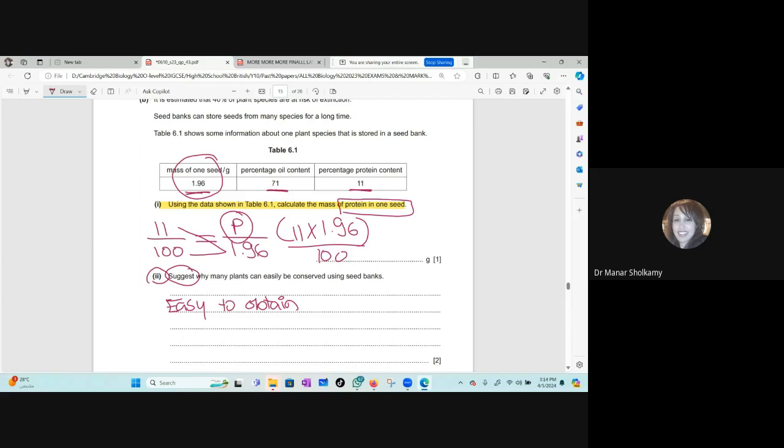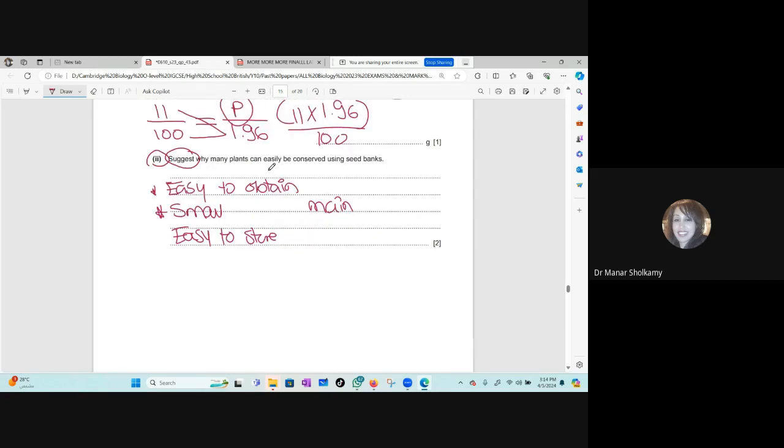And why are they easily stored? Because what about their size, their weight? They have a small size. Yes, they're very small, easy to store. They're easy to maintain. I can just put them in a drawer. They are dormant. They don't grow except when you give them water.